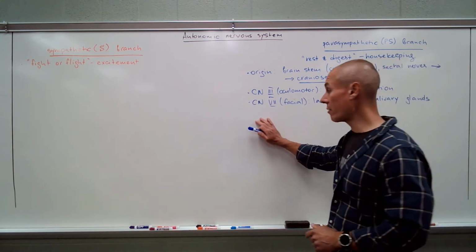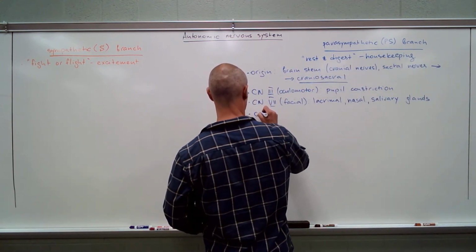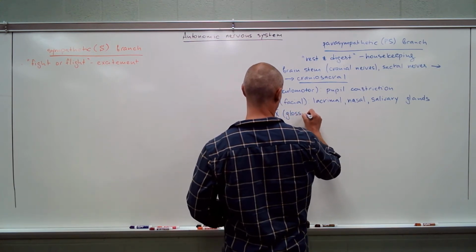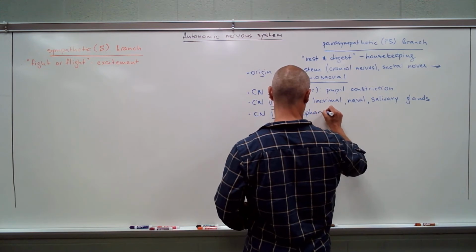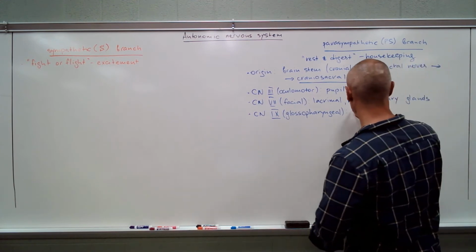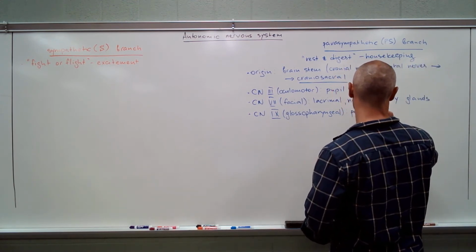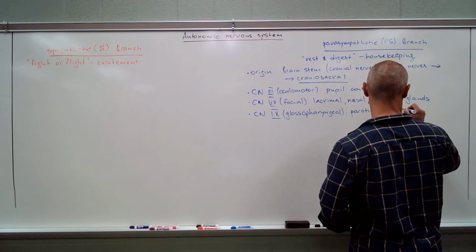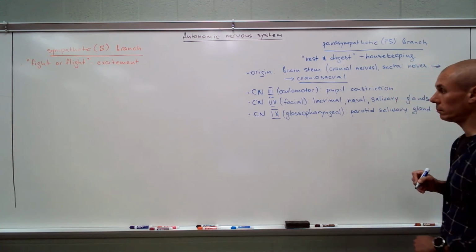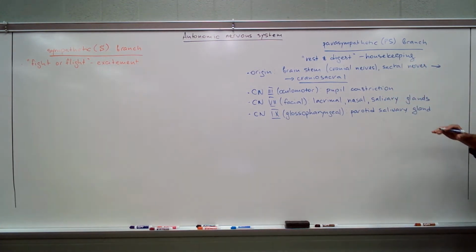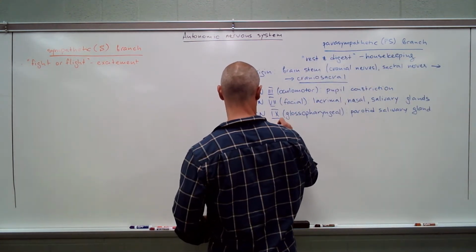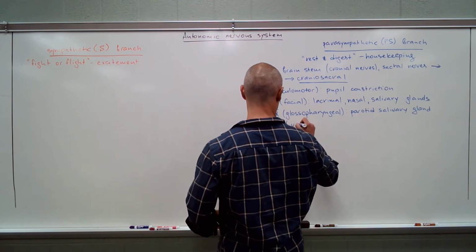Moving on from number 7 to cranial nerve number 9, your glossopharyngeal nerve: the parotid salivary gland. So we're approaching the functional culmination here, which is cranial nerve number 10, the vagus nerve.